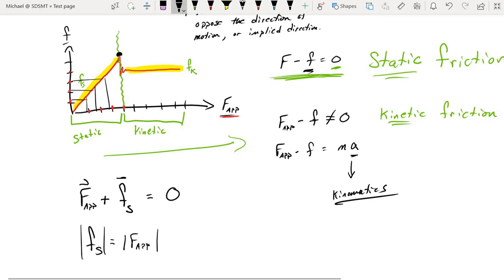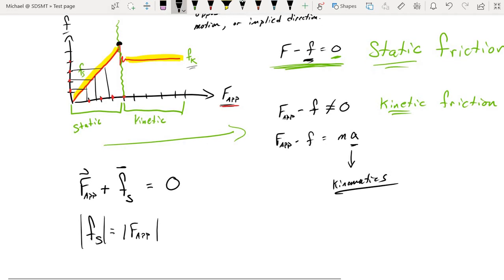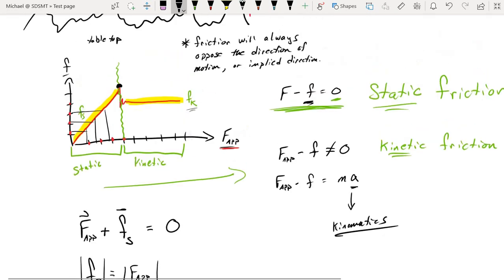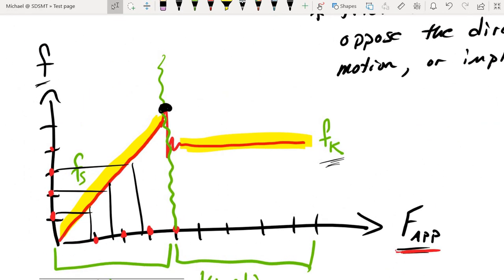And the kinetic friction, well, that's a constant, and that's somewhat beneficial to us, because if it's a constant, then it makes the math easier, but we need to figure out some kind of mathematical expression that tells us what that constant value is. At least for the static friction, we can go through a sum of forces and find out just how much static friction we need to counter that applied force until we get up to this breaking point here.